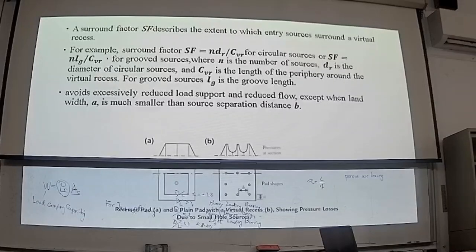So if you want to increase your air bearing load capacity or stiffness, you should choose a new type of air bearing. It's called porous air bearing. This kind of bearing, you don't need to design the restrictor because the porous material behaves like a restrictor.